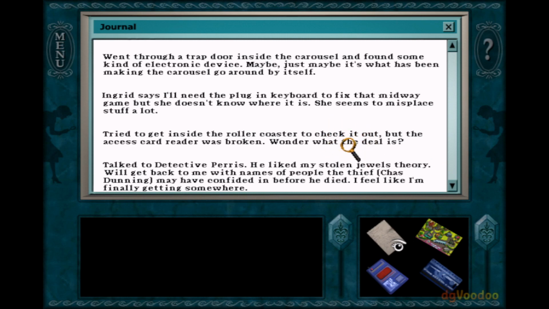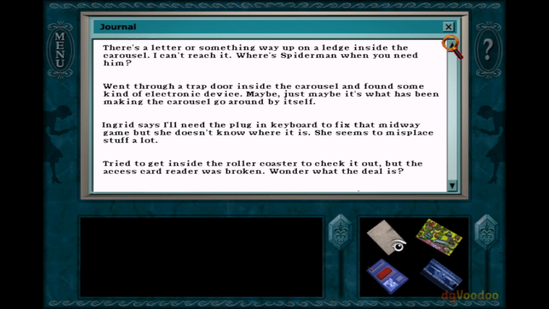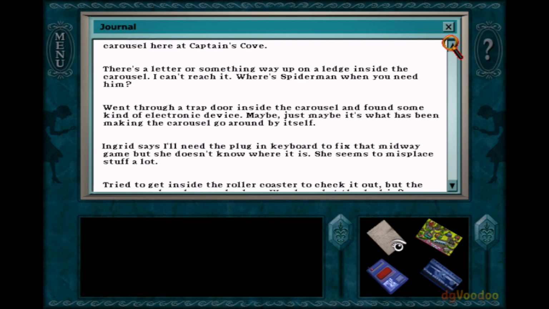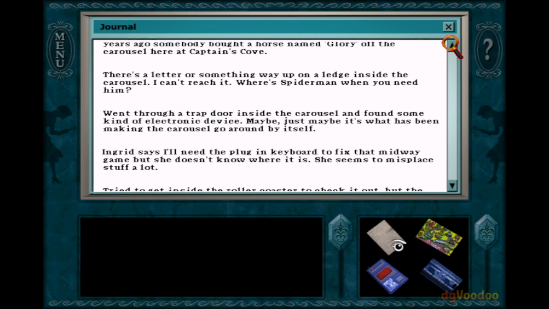Okay, so this is where we were at last time we checked this. So Ingrid says I'll need the plug-in keyboard to fix that midway game, but she doesn't know where it is. She seems to misplace stuff a lot. Went through a trapdoor inside the carousel and found some kind of electronic device. Maybe, just maybe, it's what has been making the carousel go around by itself.